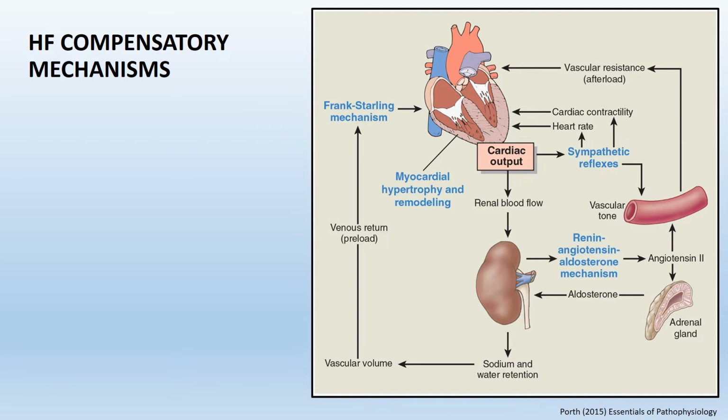Fourth, I want to mention myocardial hypertrophy and remodeling. The myocardial cells hypertrophy and remodel to compensate for the increased workload. Initially, that may be okay, but it changes the structure and the function of the heart, leading to pump dysfunction and hemodynamic overload. And last, but not shown on the diagram, are natriuretic peptides.